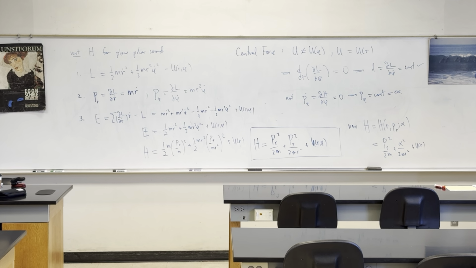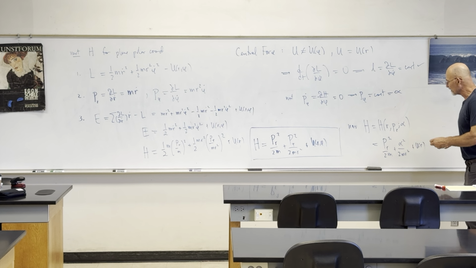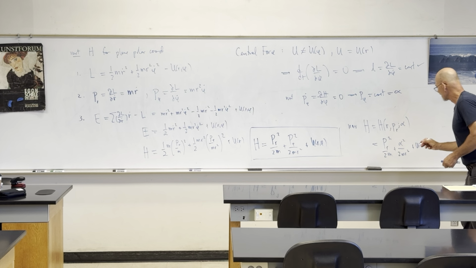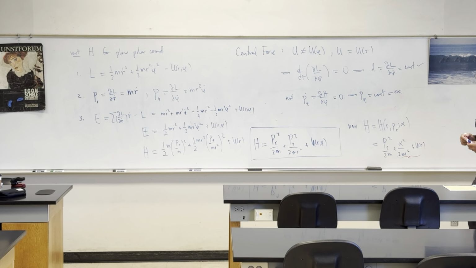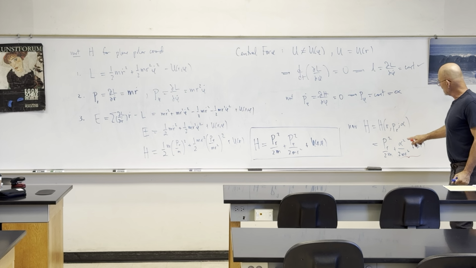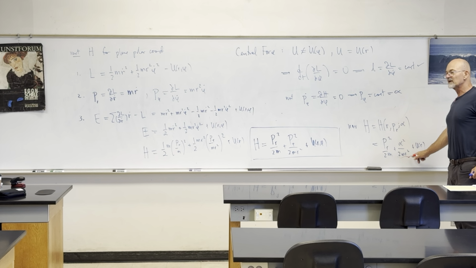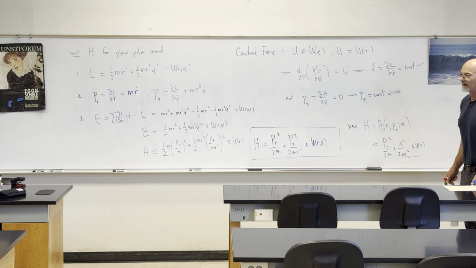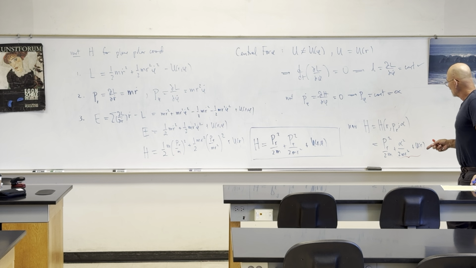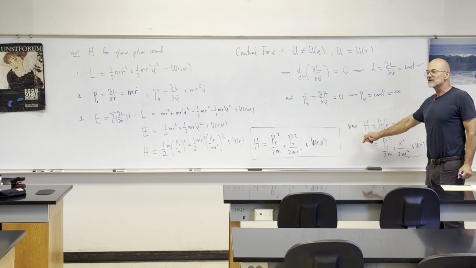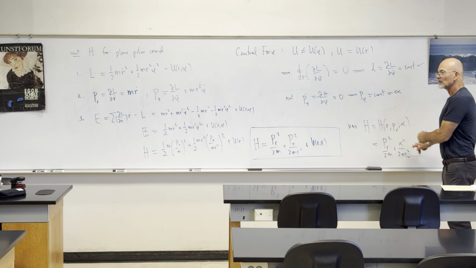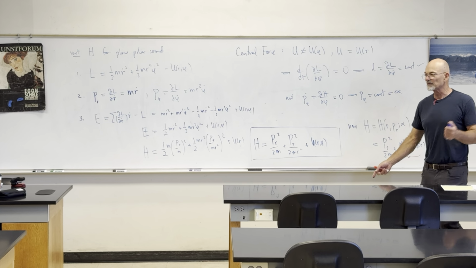This is really important. Where have we seen this thing before? In a different lifetime. We used to call this L. Remember we had L squared over 2m r squared plus U of r. That was the effective potential, right? So when we solved the Kepler problem, the central force work we did, we actually had gone to this transformation over to the energy and then continued on our way without knowing that it was Hamiltonian mechanics.